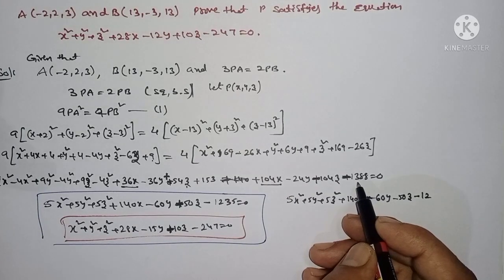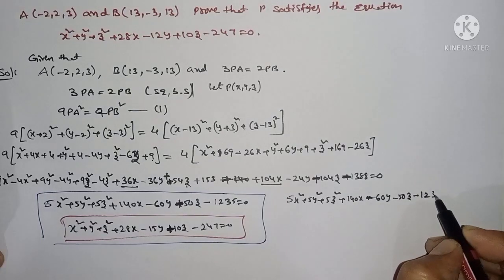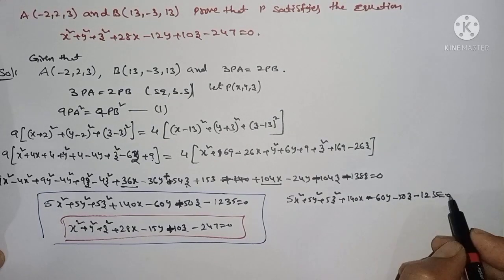Simplification, you get 1235. Okay, 1235 is equal to 0.